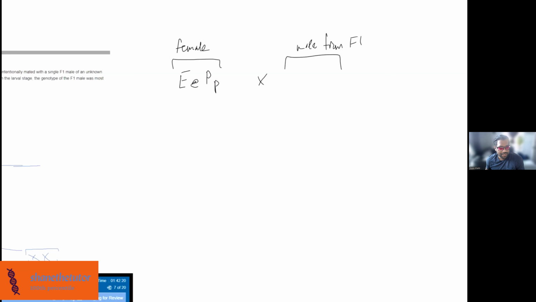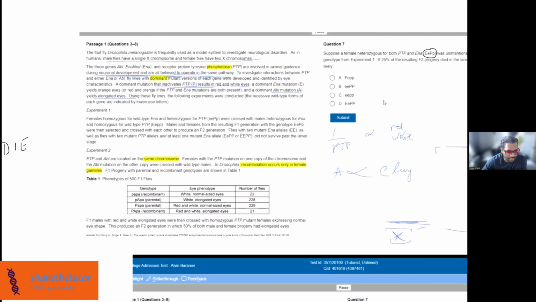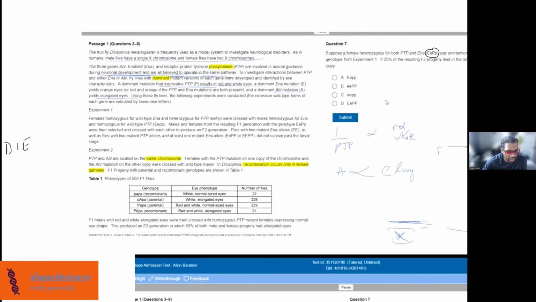Okay, so now let's see what the F1 generation can actually produce. If we go back to experiment 1, we see that in order to create the F1 generation, they crossed females with the genotype little e, big P, little p.